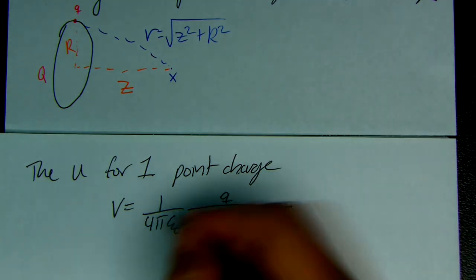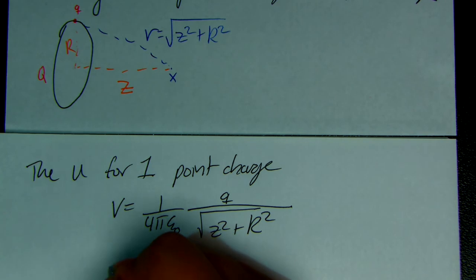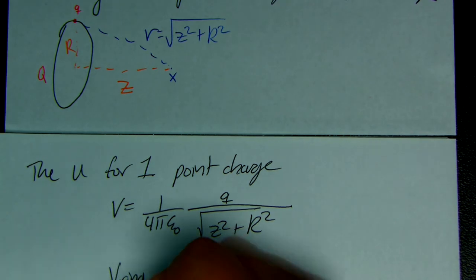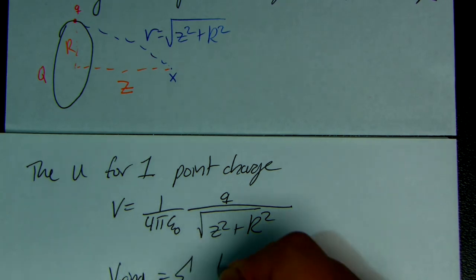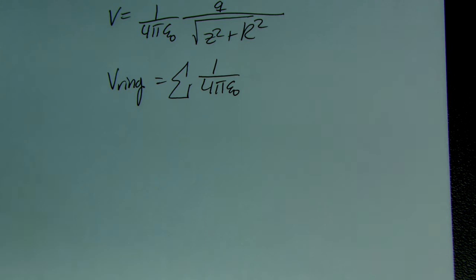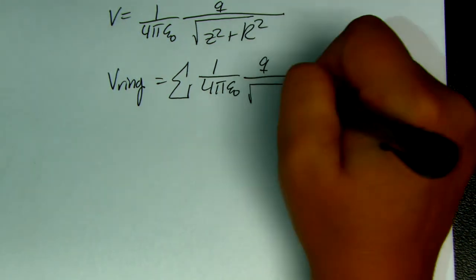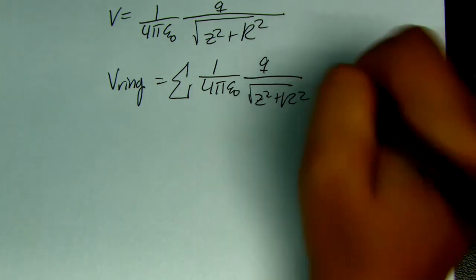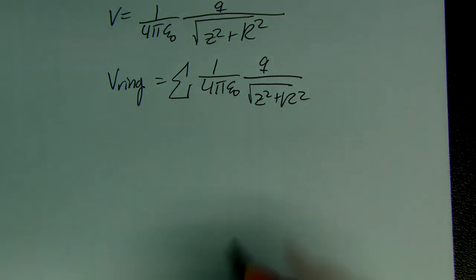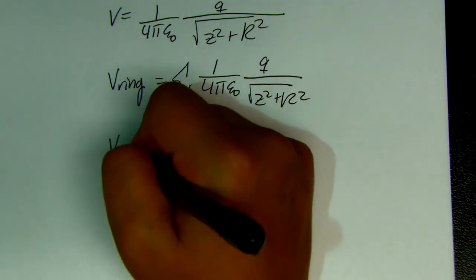All right, and now to get the potential of the ring, we need to add those point charges together. So this is going to be the sum of 1 over 4 pi epsilon naught, q over the square root of z squared plus R squared. And we can simplify a little bit further.